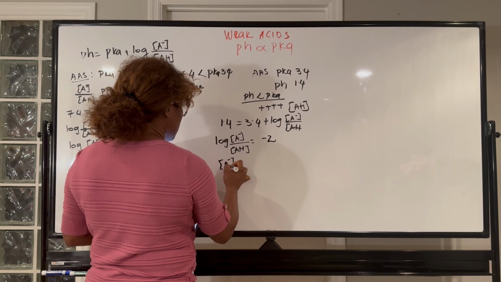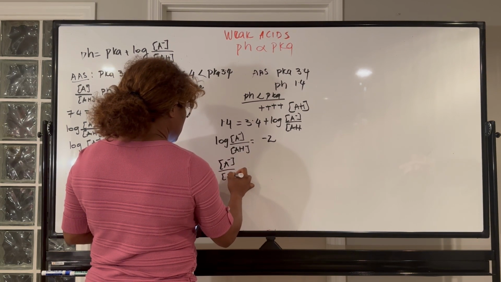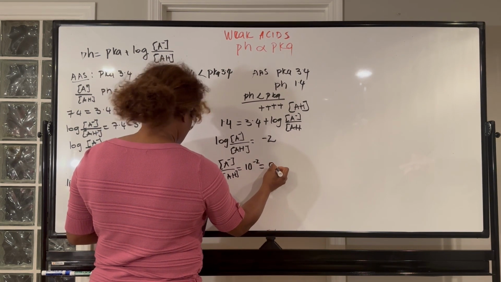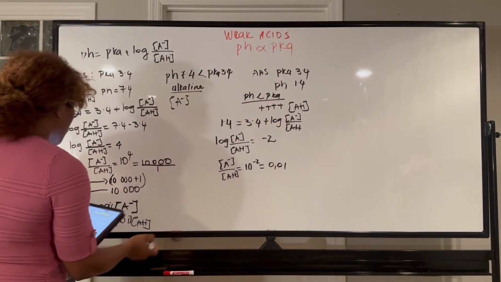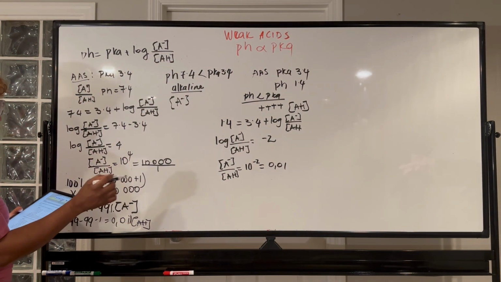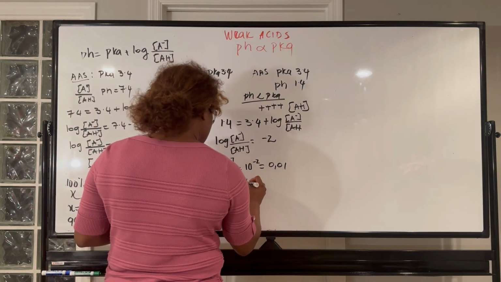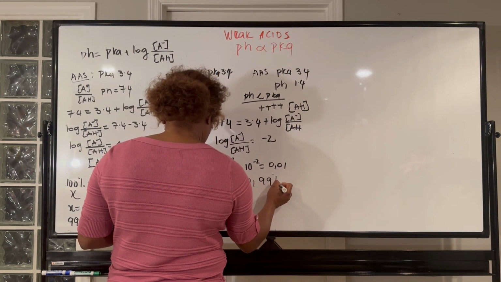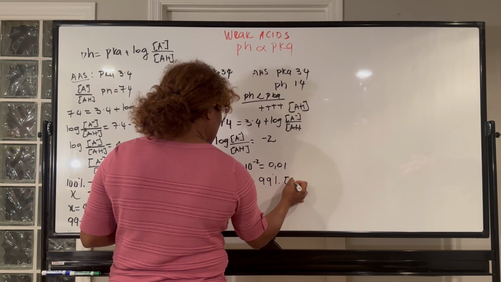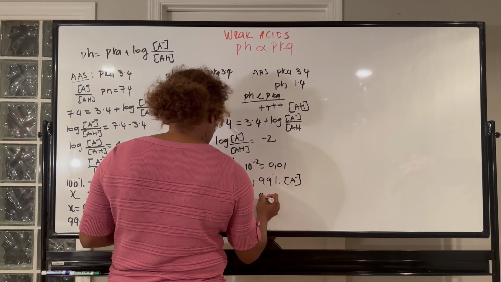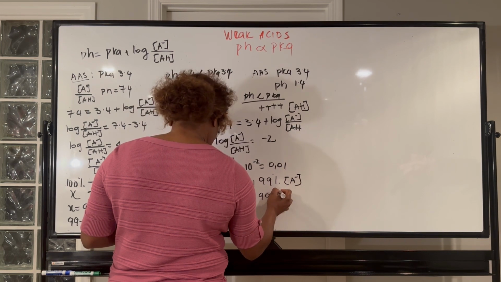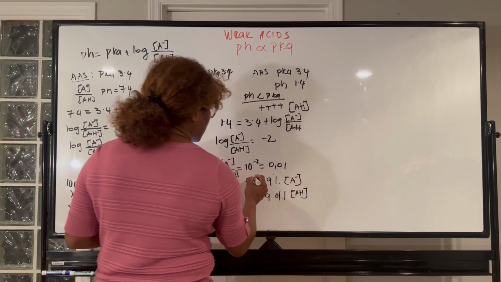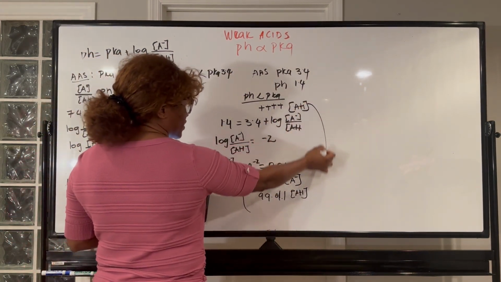Getting rid of the log, 10 to the -2 equals 0.01. If I go back to the same way I did this to get the percentage, I will find that 0.99% of my aspirin is going to be in the ionized form, while 99.01% is going to be in the non-ionized form, which confirms what we have here.